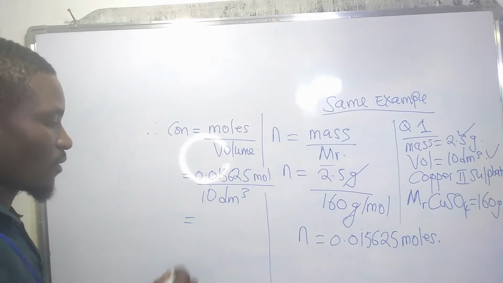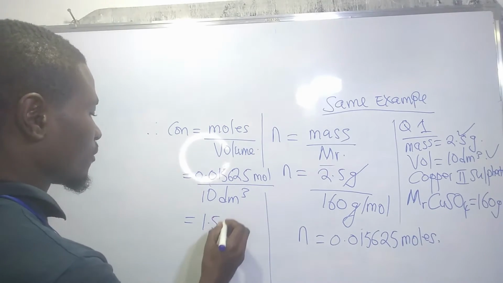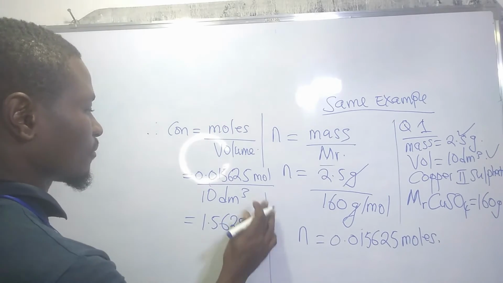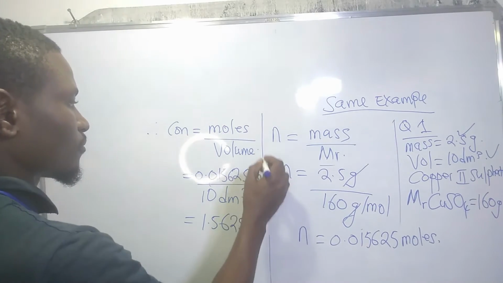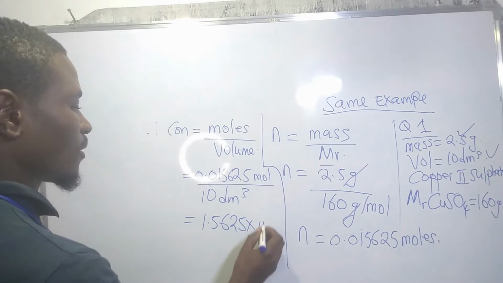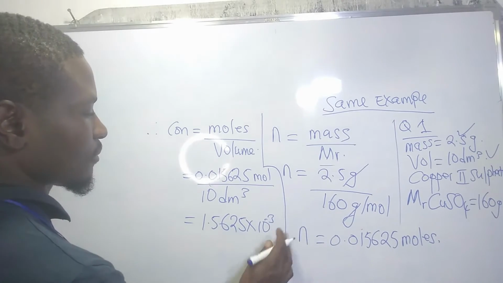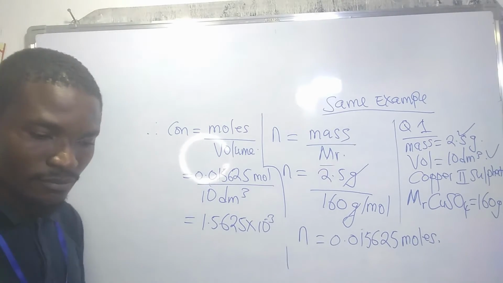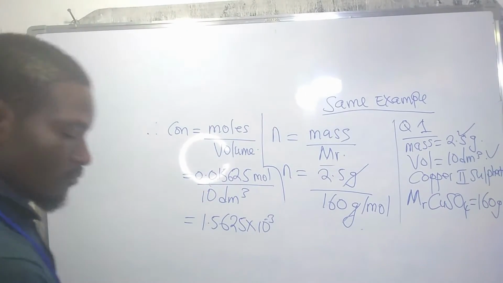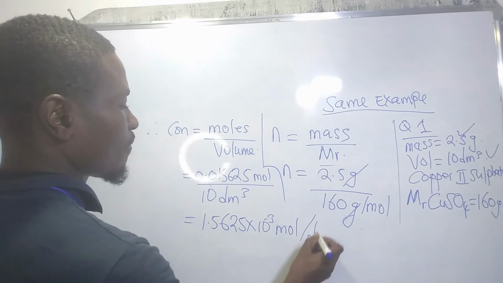So you're going to have 1.5625 times 10 to the power minus 3 moles per cubic decimeter.